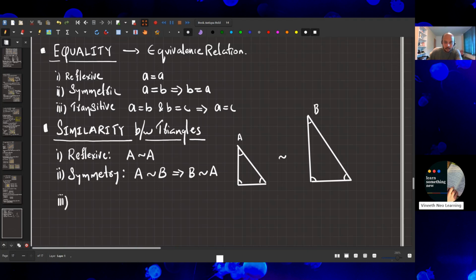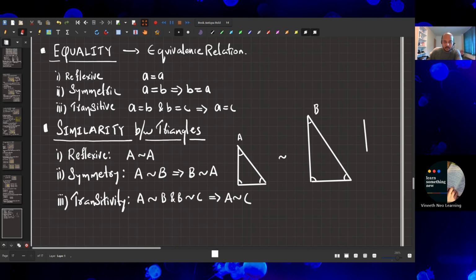And finally, let's look at transitivity. If A is similar to B and B is similar to C, then A is similar to C. Let's say we have another triangle here, C, with the same angles but different dimensions.